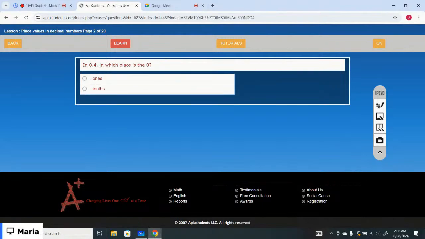In 0.4, in which place is the 0? Which is the correct option?